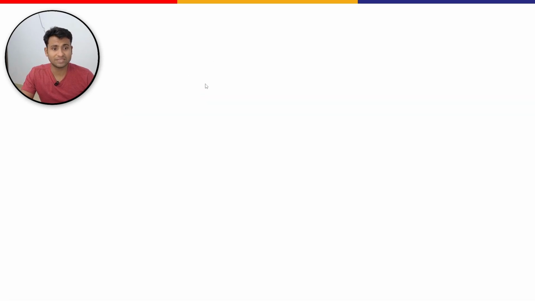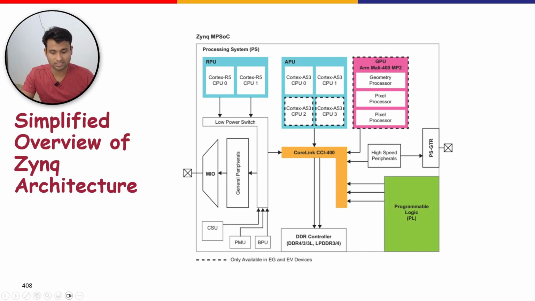Going back to the basic overview architecture, let's understand a few of the other important elements. So the general and high-speed connectivity for the PS is also available, which allows the PS to interface and communicate with off-chip components. You can see the general purpose peripherals written here.